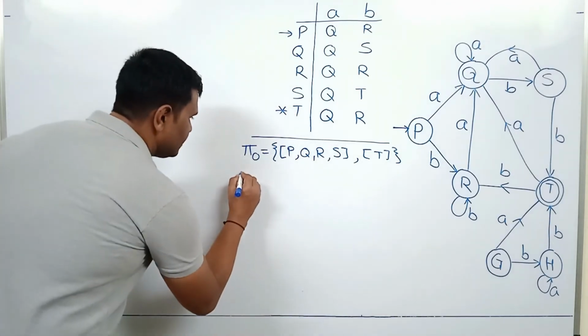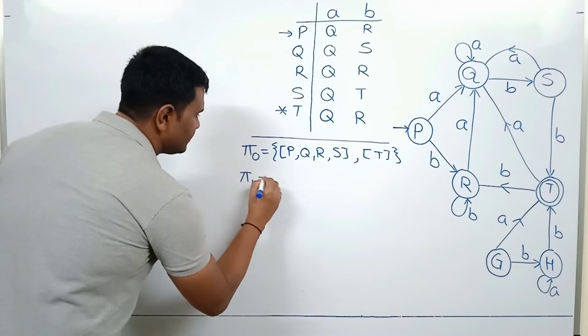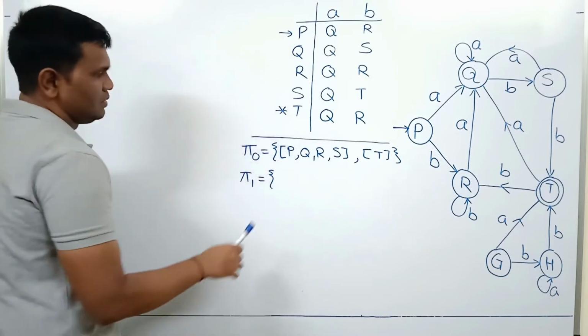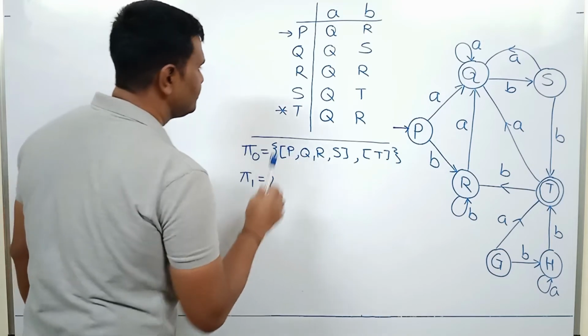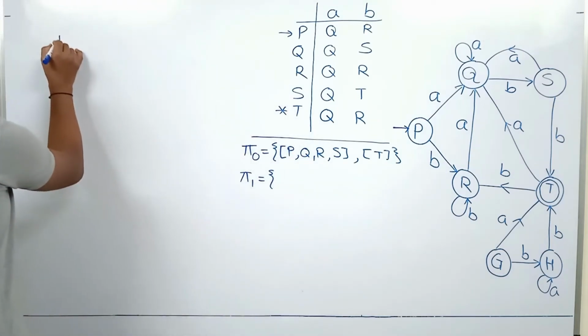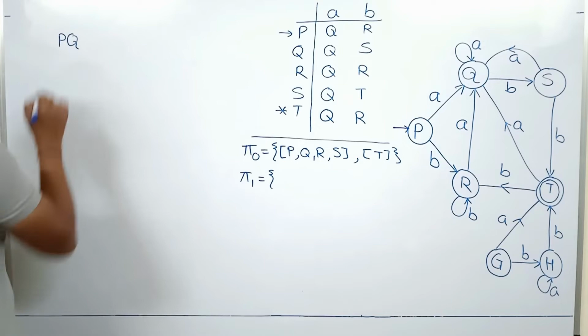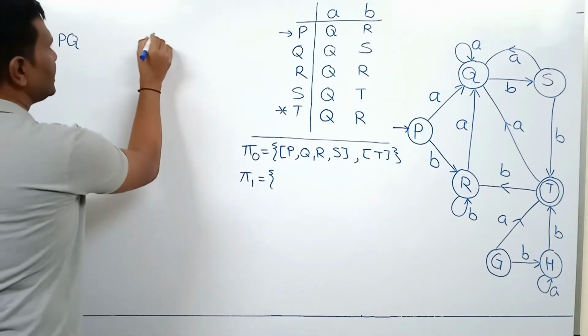Now we will calculate 1 equivalent. So we will consider this group first, and from this group first we consider P and Q. We will check whether states P and Q are 1 equivalent.